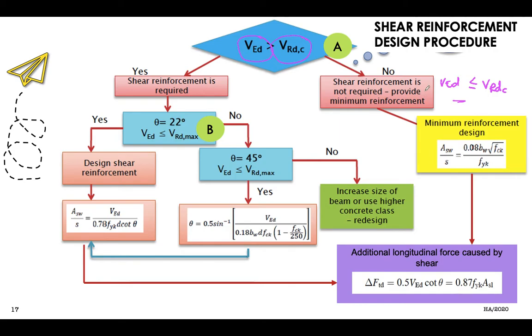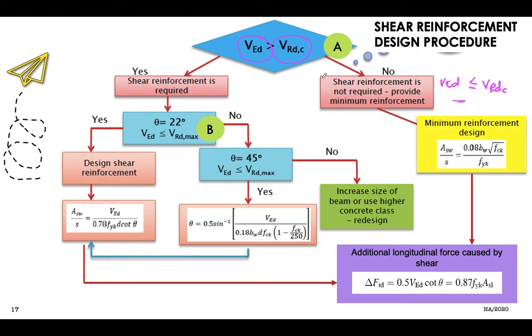Instead of having to calculate all the values of VRD max and so on, you can go straight to the design of minimum reinforcement using this equation: ASW over S equals 0.08 PW square root FCK over FYK. Straightforward, we get the reinforcement. Then you can proceed to the additional longitudinal force caused by the shear, which we can calculate straightforwardly.